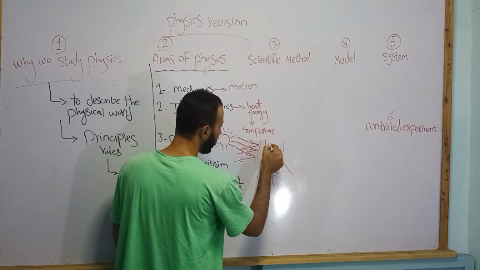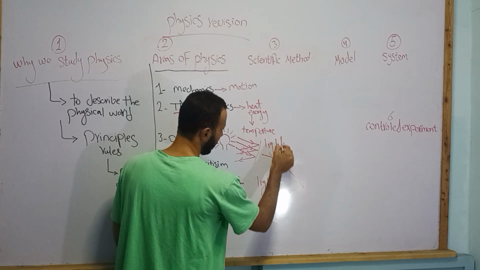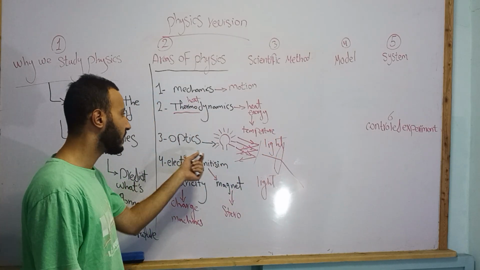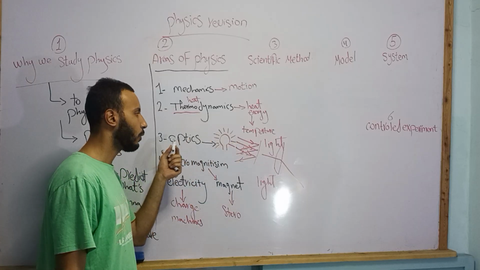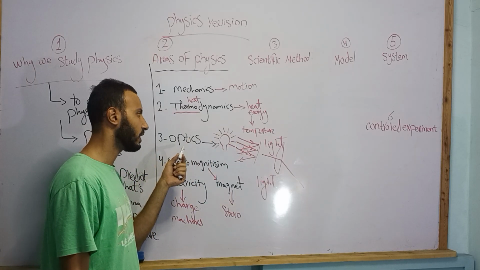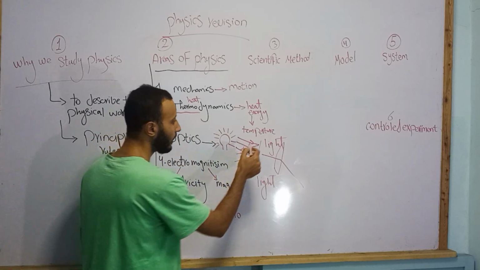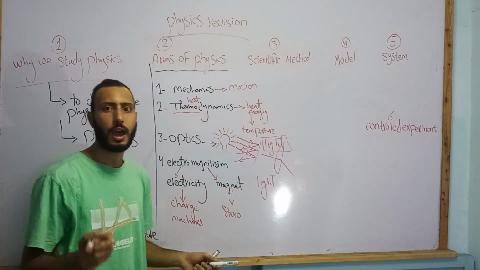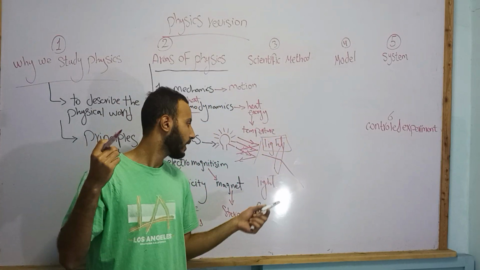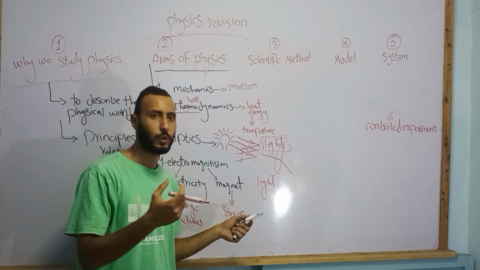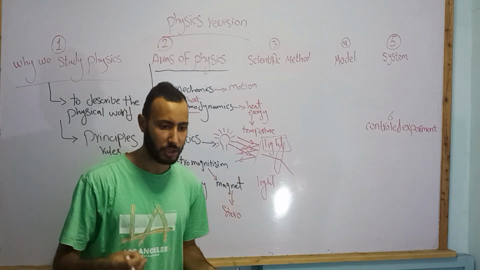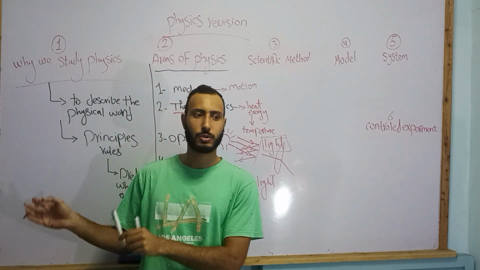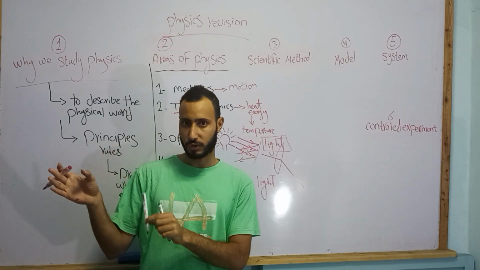But what's the difference between here and here? I said here we study the straight lines of the light, as the behavior of light. But here, if you generate the light by electricity, we know that any electric lamp you can generate by connecting it to an electrical source.